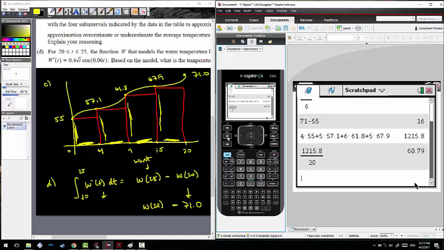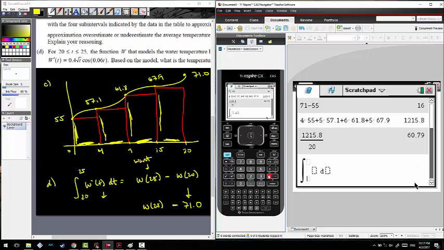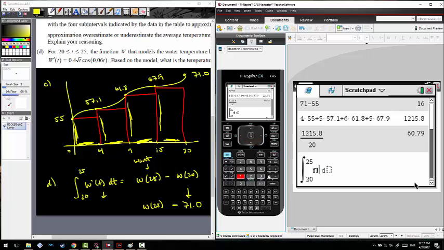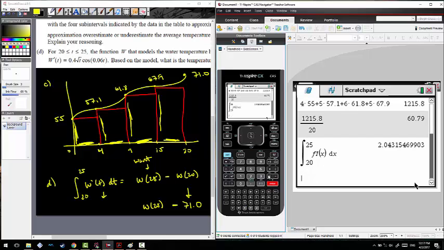And so now I'm just going to figure out, what is the integral from 20 to 25 of f1 of x dx? Well, that is this strange 2.043154699 number.